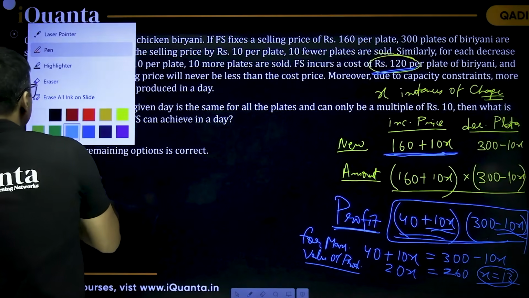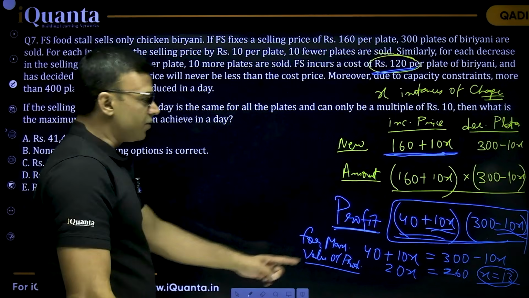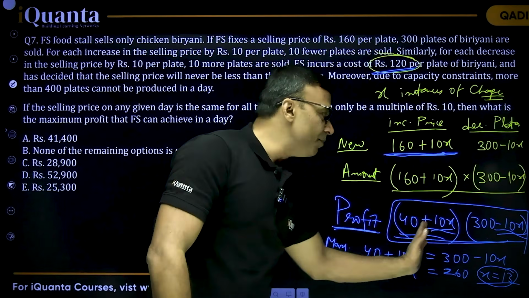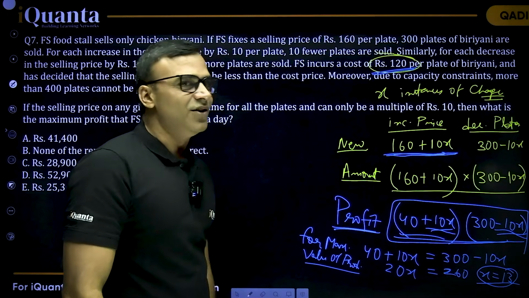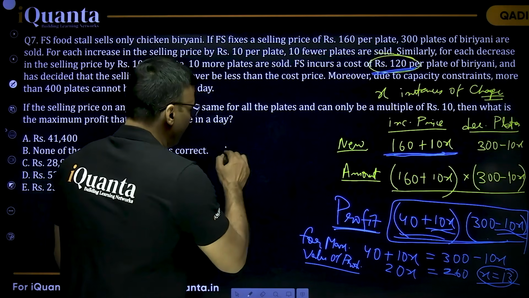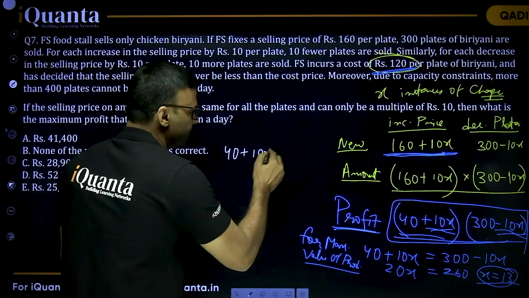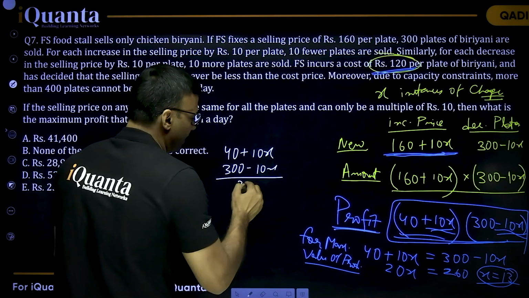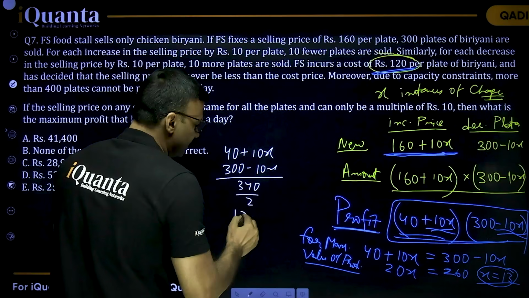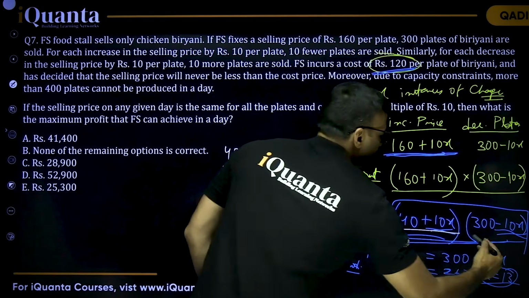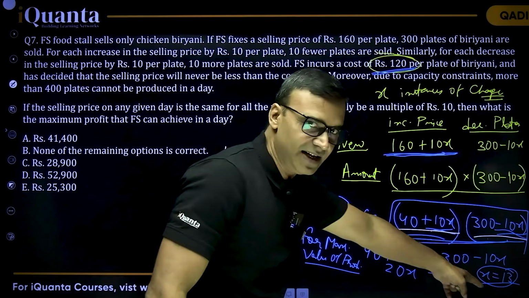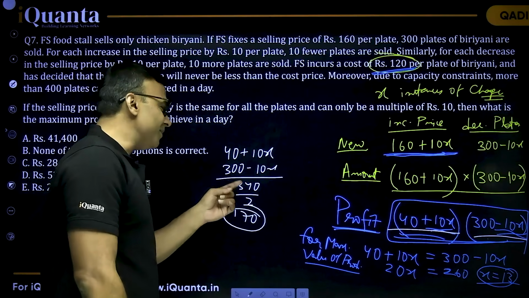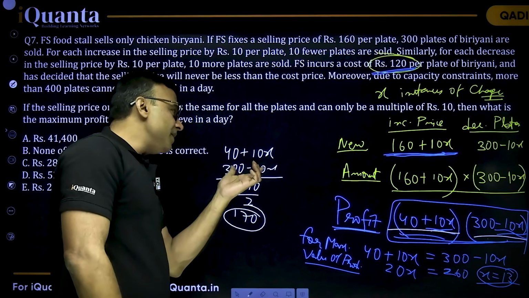There is one more way of doing this. Once you have checked the coefficients of these two, simply add and divide by 2, you will get the value of each one of them. So if you simply add 40 plus 10x and 300 minus 10x, you get 340, divide by 2, you get 170. So each one of them should be 170, 170. So that you can get by taking x equal to 13, or you simply add. See, addition will make sure that x is cancelled.